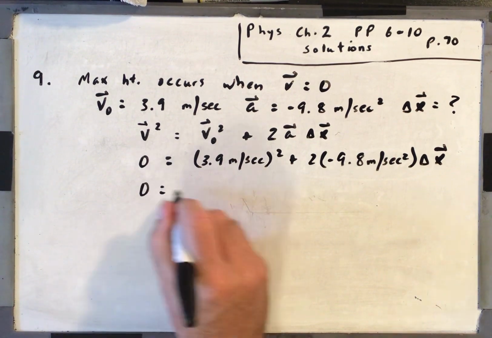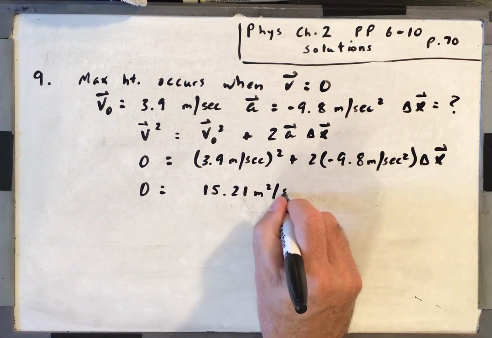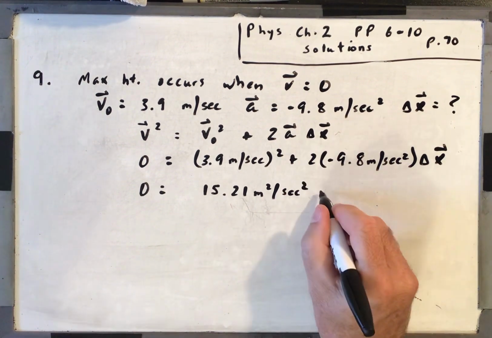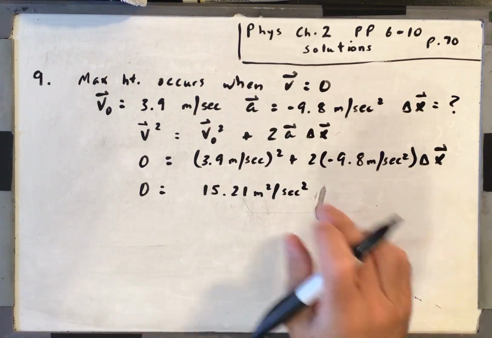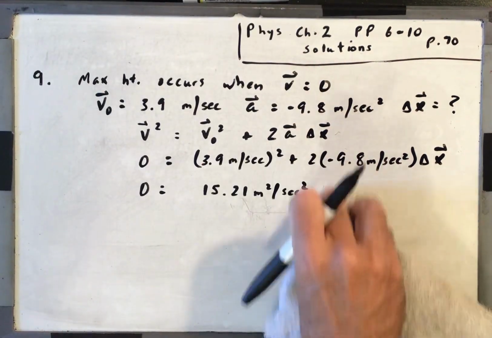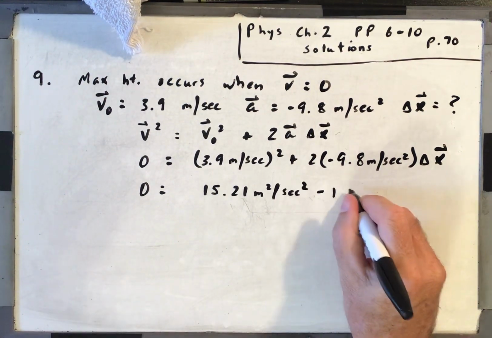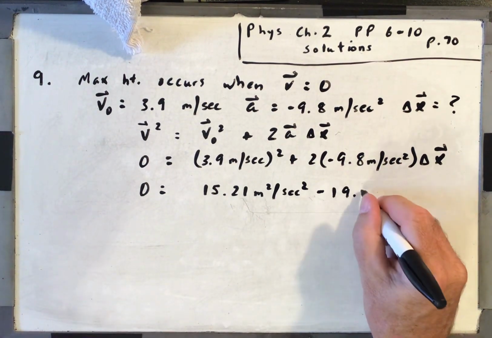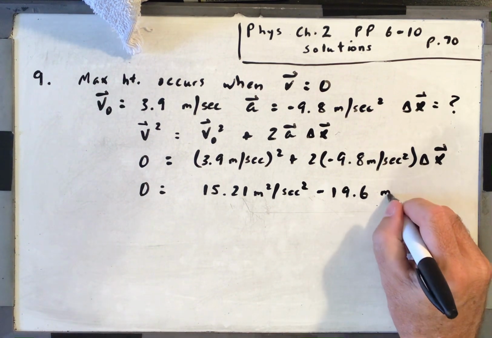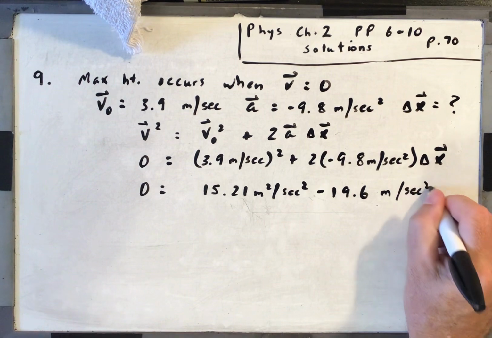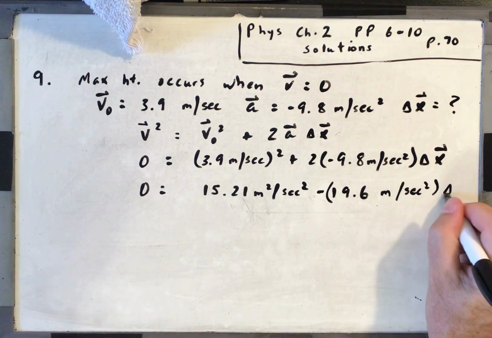So we have 0 is equal to 15.21 plus, that's going to be negative, so minus 19.6 meters per second squared times delta x.